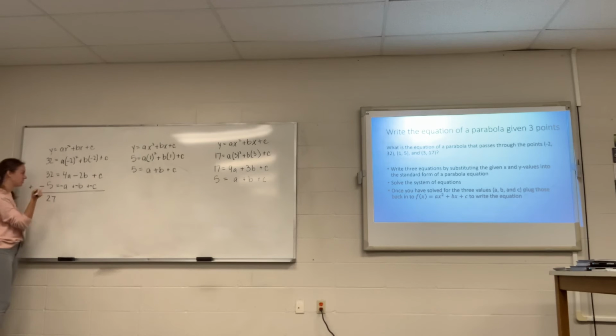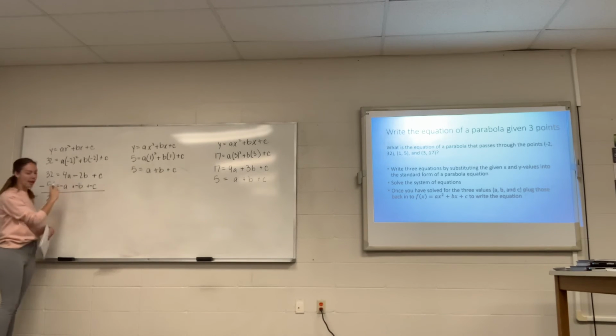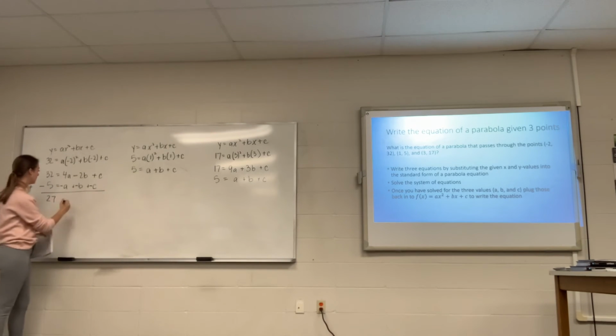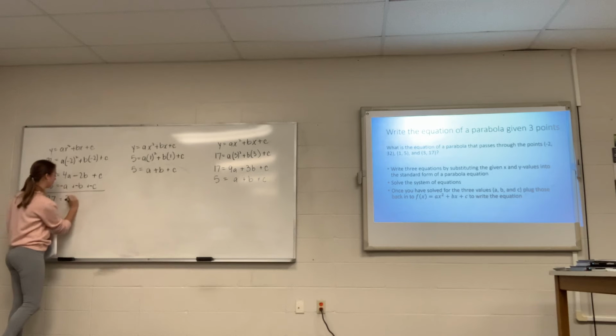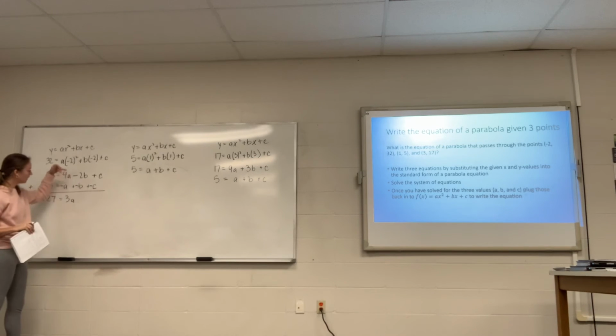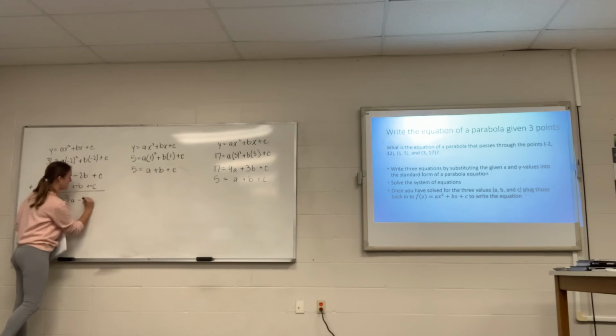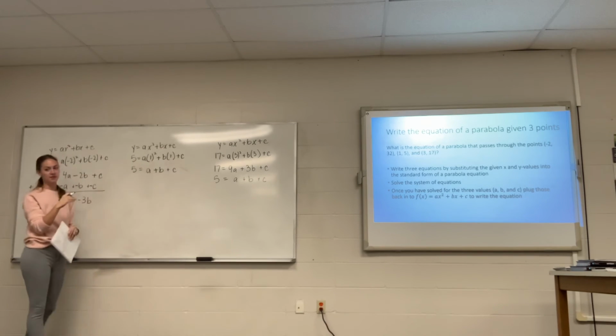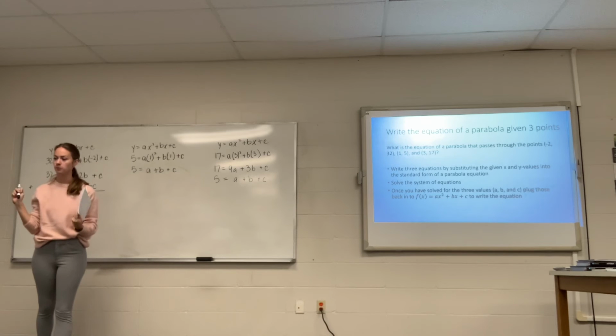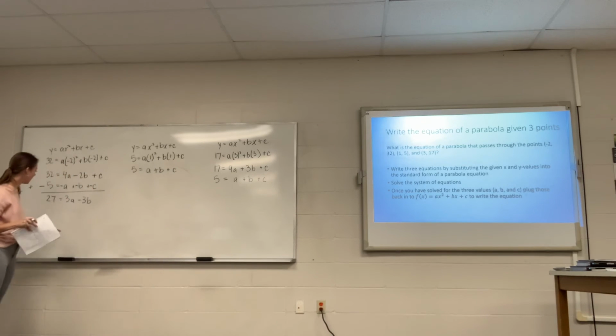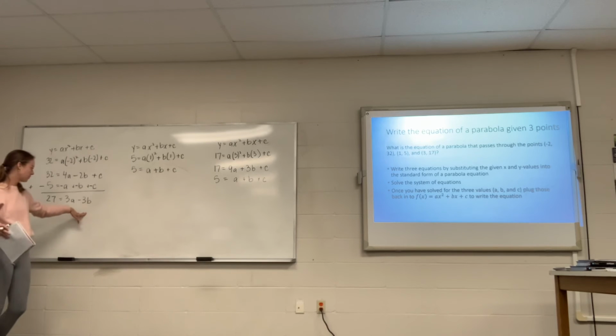So I'm going to add these two lines together. 4a plus -a is going to give me positive 3a. -2b minus b gives me -3b. And then c and -c is just going to drop out. Okay, so I ended up with 27 equals 3a minus 3b.